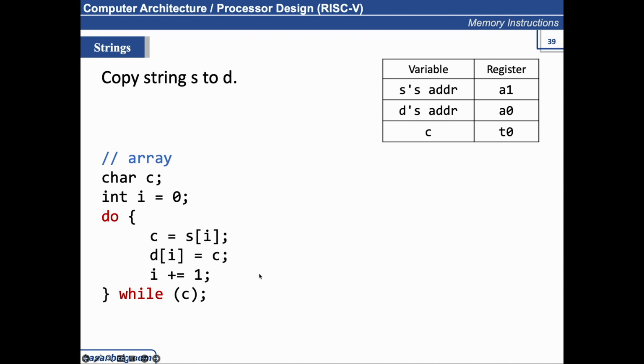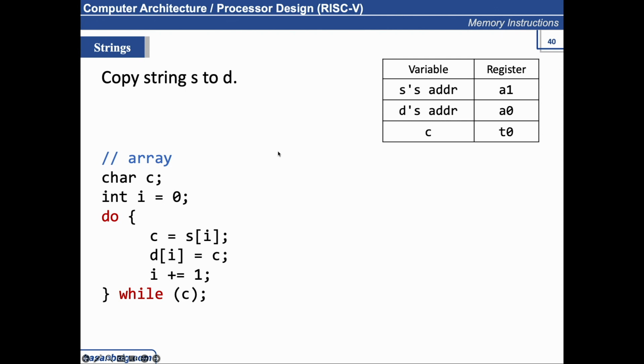Then we copy that C into D[i], another location in memory, then increment i by 1, and then check whether C is a valid character. As long as C is a valid character, it will keep looping until it encounters a null character. So we have to convert this into RISC-V code.